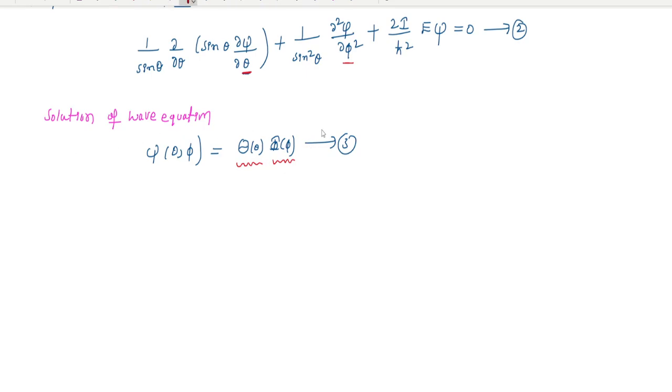Now I'm going to substitute this wave function in equation number 2, as the first step. So let's see what happens here. In place of psi, we substitute the separation of variables function. Here Phi is there, so I'm going to write the Phi function here. Theta is there, so I'm going to write Theta here. Phi is constant, so I'm going to write it outside the bracket.